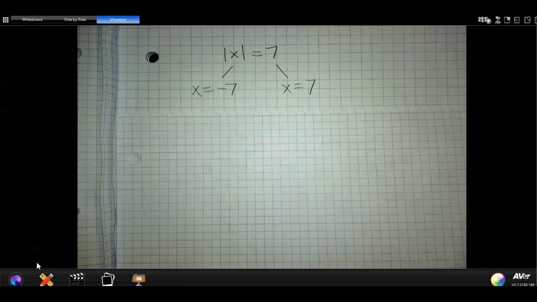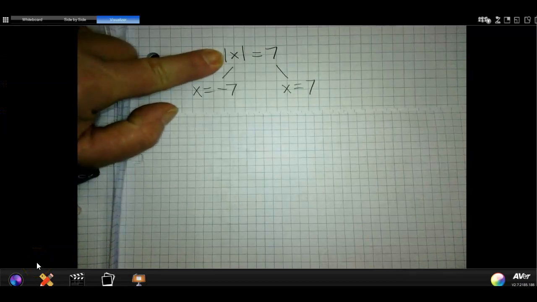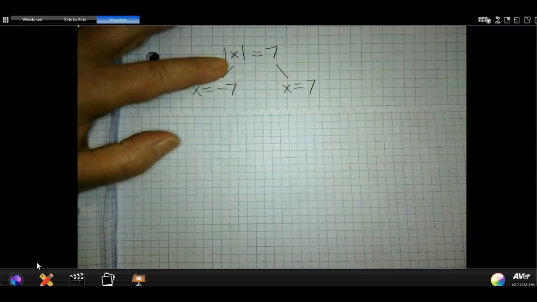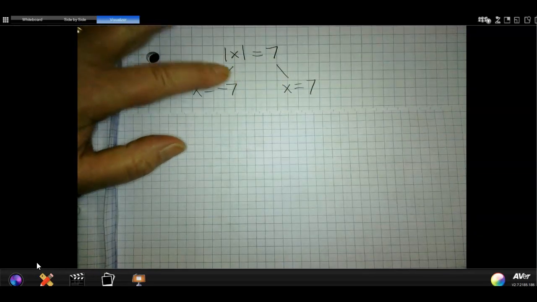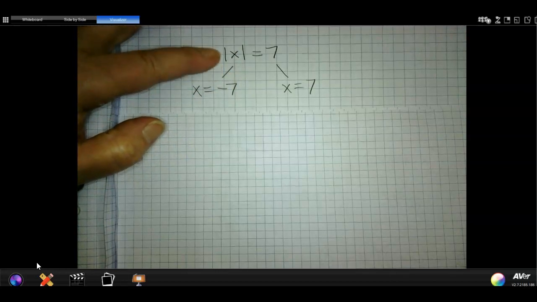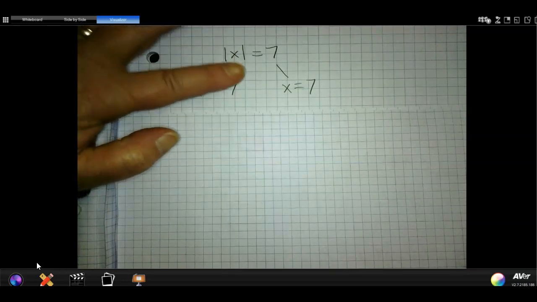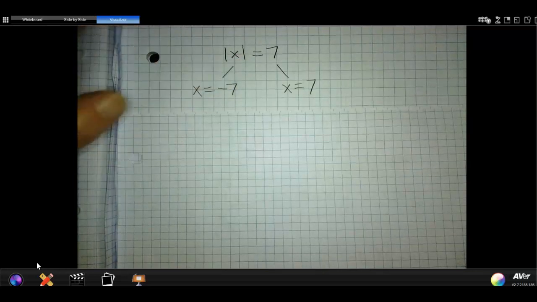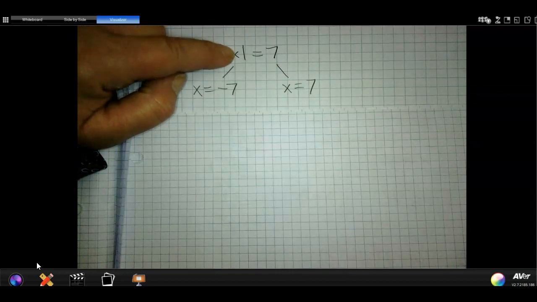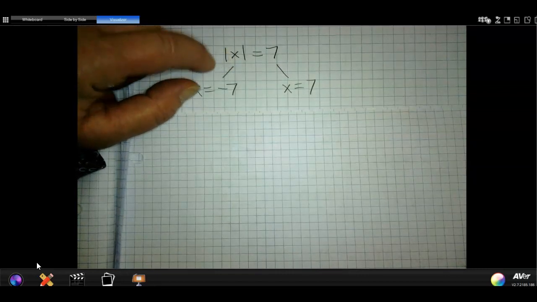Okay, so here you have absolute value of x equals 7. Now I'd like you to note that the absolute value portion is completely isolated. There's nothing multiplying it, dividing it, adding or subtracting it. It doesn't matter if there's anything going on on the inside.